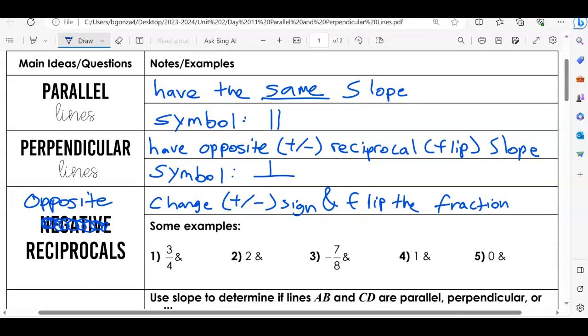Now, 1, 2, 3, 4, and 5, you're going to do just like we did on the warm-up. Can you change the sign and flip the fraction? I'm going to give you literally 1 minute. See if you can do 1 through 5. Go. 1 minute.